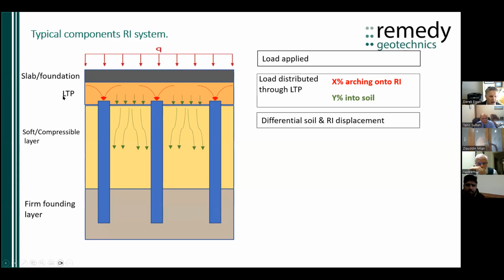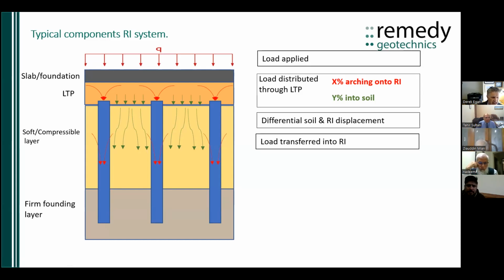Now, because this is soft and compressible soil, the load that goes on the soil between the columns causes this soil to compress and settle. Okay, and within this zone here, where this soil is settling, it's settling more than the column is settling.